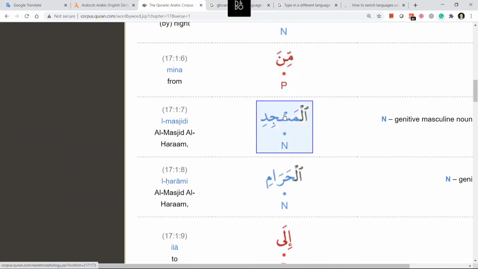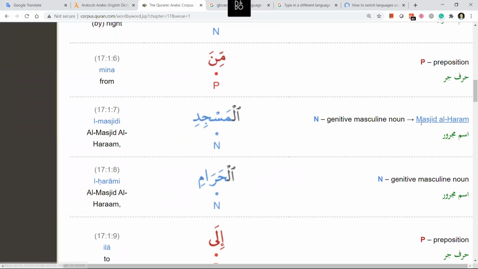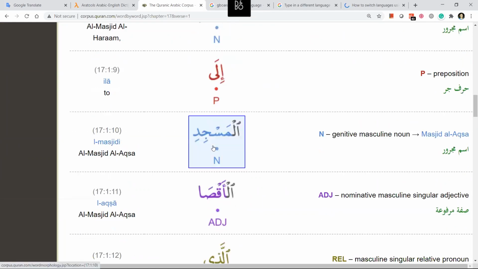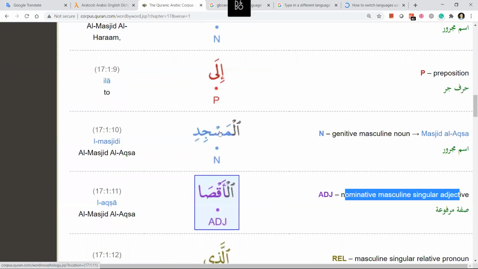Min Al Masjidi Al Harami. Both are blue, both are genitive masculine nouns. So this tells you that in most cases both are adjectives. See, this one clearly tells you it's an adjective: nominative, masculine, singular, adjective. So it mostly confirms the hypothesis.